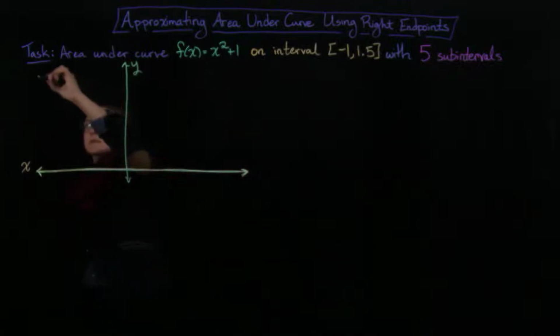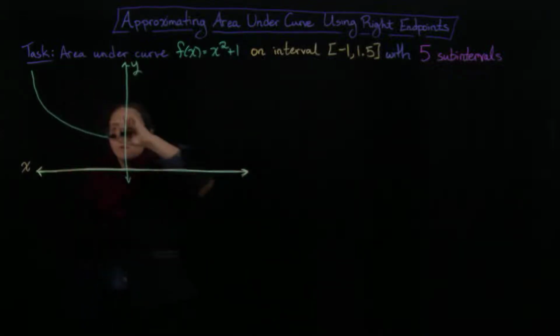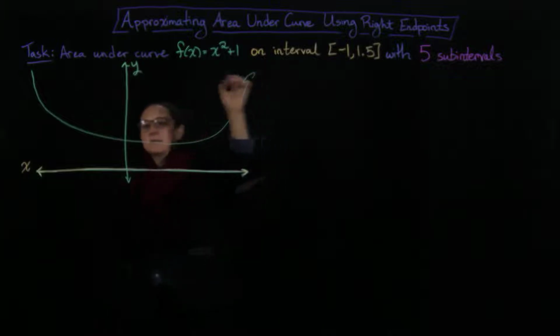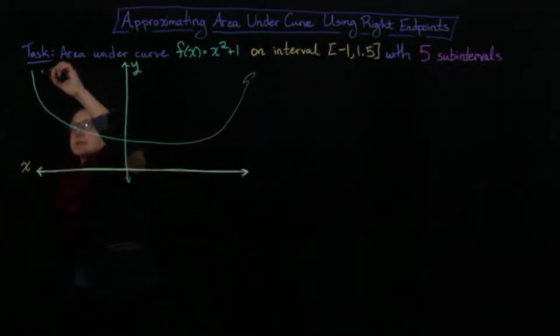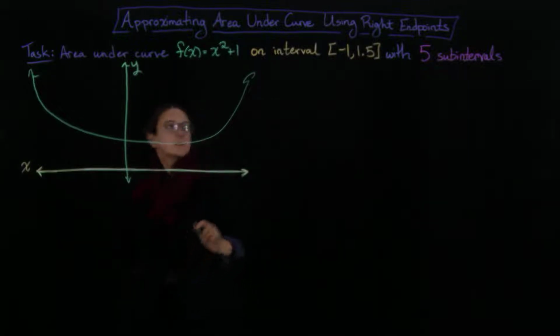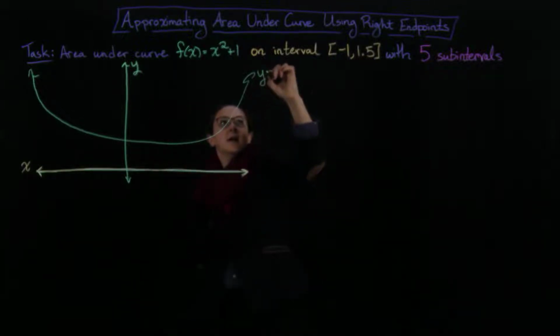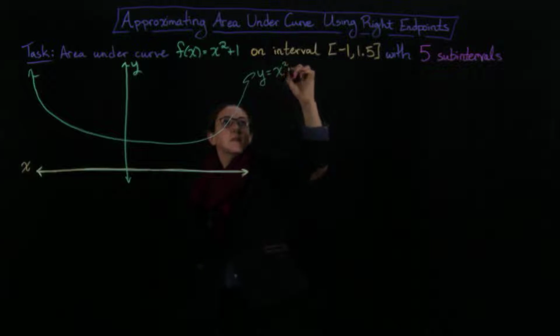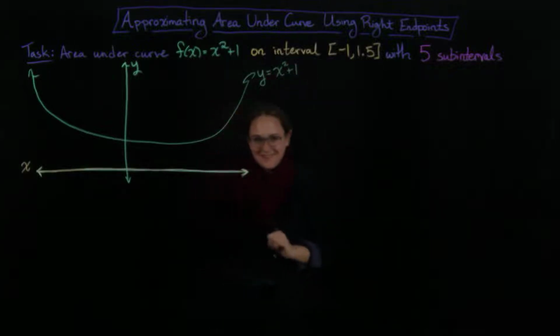Again, I'm making it a little more flat than maybe realistic, and less symmetric than it ought to be, but that makes the picture easier. So this is the curve y equals x squared plus 1, just like over there.